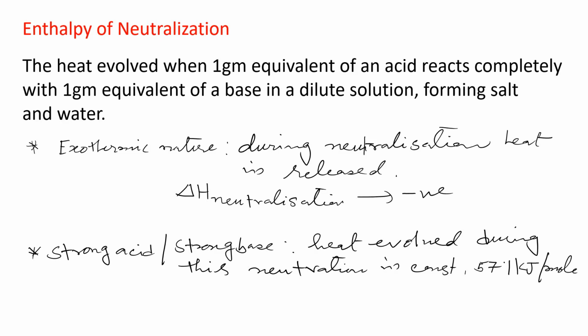Why? We know that strong acid and strong base undergo complete neutralization. So when you are taking 1 gram equivalent weight of strong acid and 1 gram equivalent of strong base, that means 1 normal solution of strong acid and 1 normal solution of strong base, acid and base will be completely dissociated or ionized. So whatever H plus ion is present in acid or whatever OH minus ion is present in base, that is completely ionized and they are in the solution. Okay.